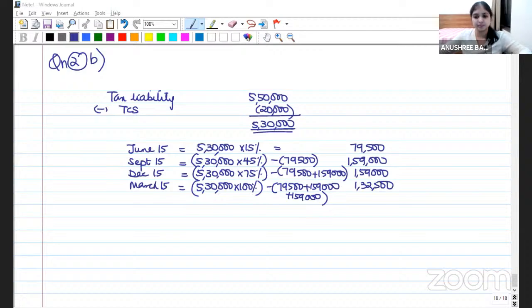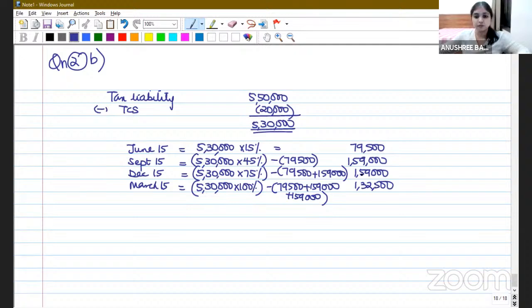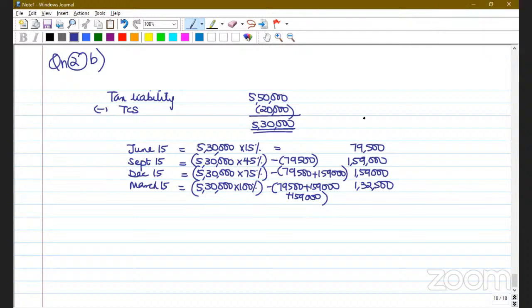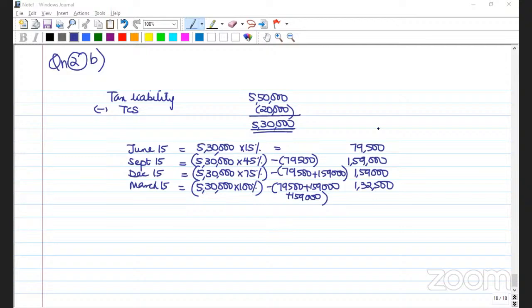Very simple question. Right? So these are the 4 advance tax installments that will be paid by my assessee. 15%, 45%, 75%, and finally 100%. Each quarter, 1 installment.